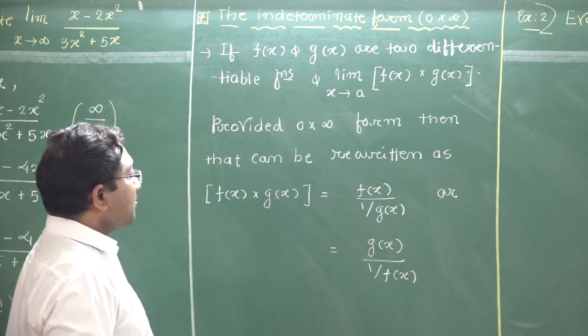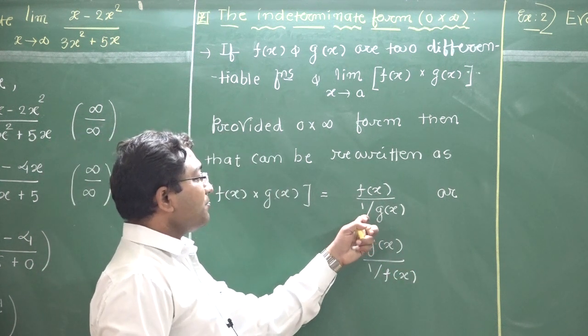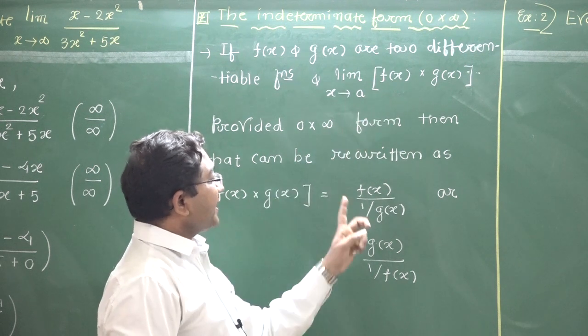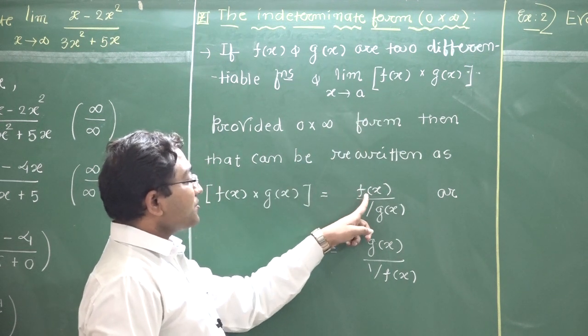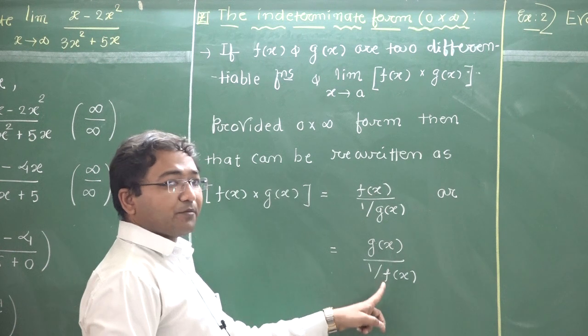So that is the method for converting the 0 cross infinite form into the form of 0 upon 0 or infinite upon infinite.